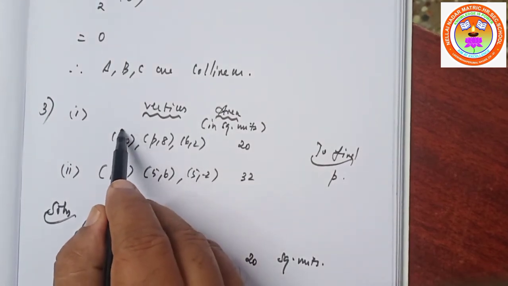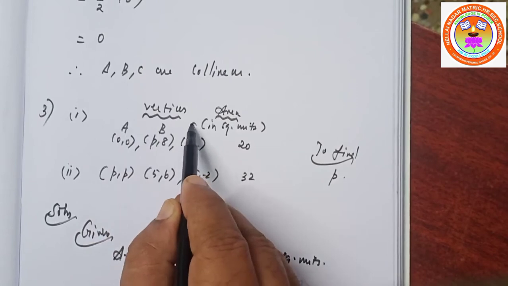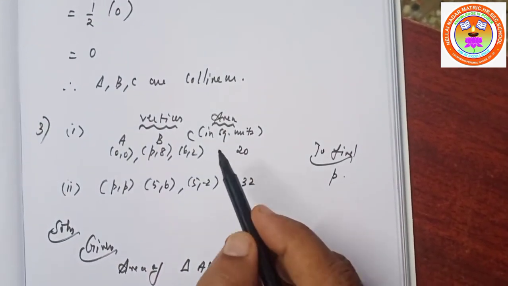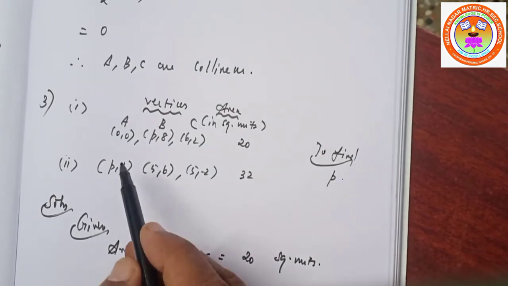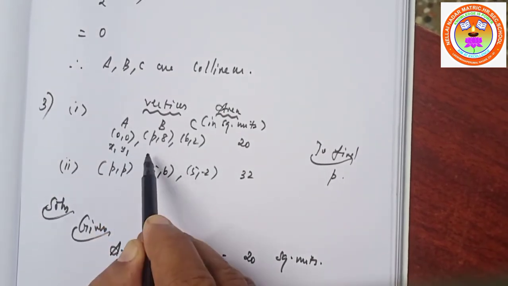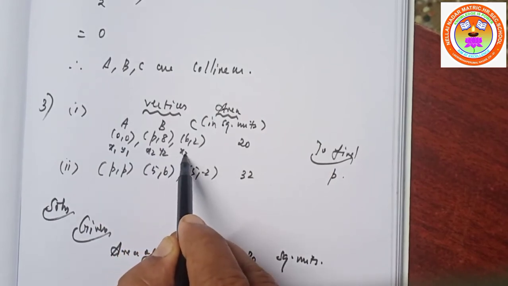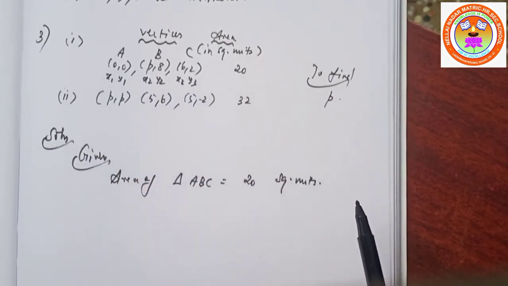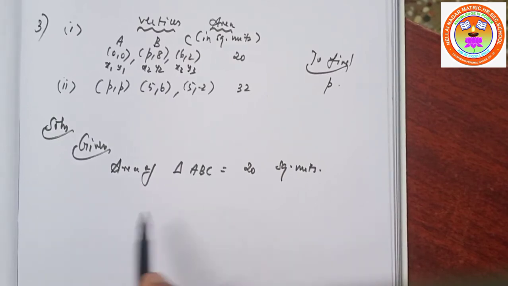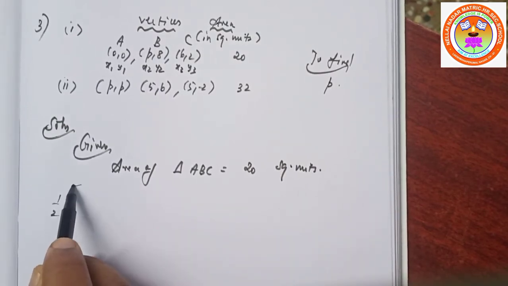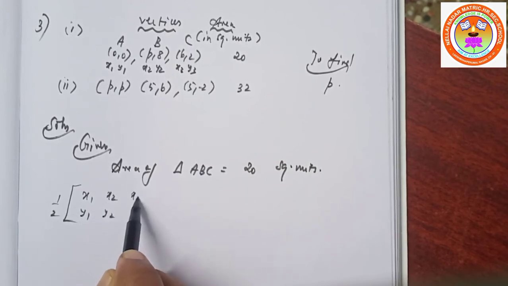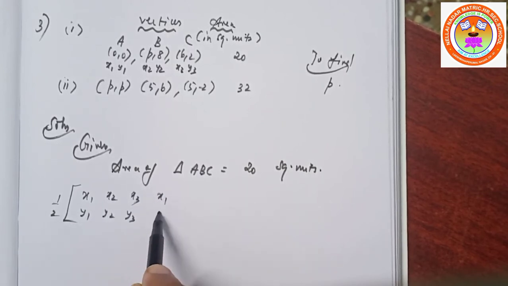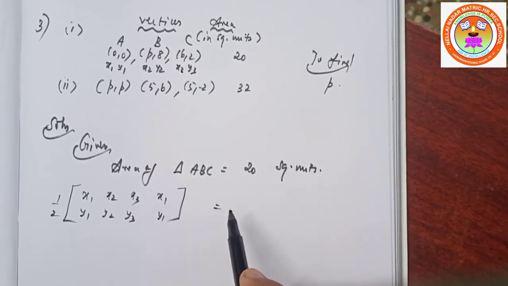I consider them as capital A, capital B and capital C. So this is x1, y1, x2, y2, x3, y3. Area of a triangle formula, you know that half, like this, x1, y1, x2, y2, x3, y3. Again you have to write x1, y1. That is equal to 20 square units.